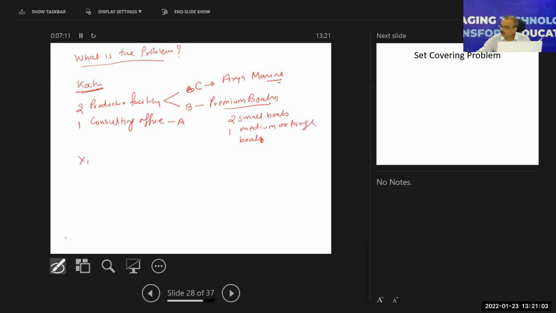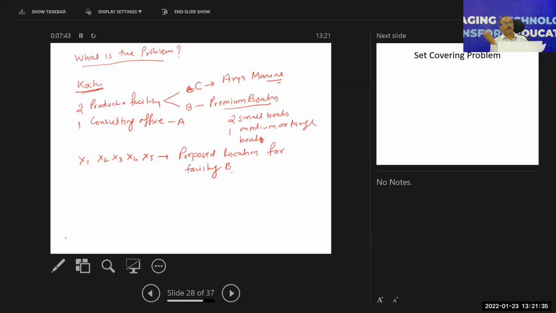So X1, X2, X3, X4 and X5 are the proposed locations for which facility? It is facility B, because the manufacturing facility B was on lease and the rent has increased.